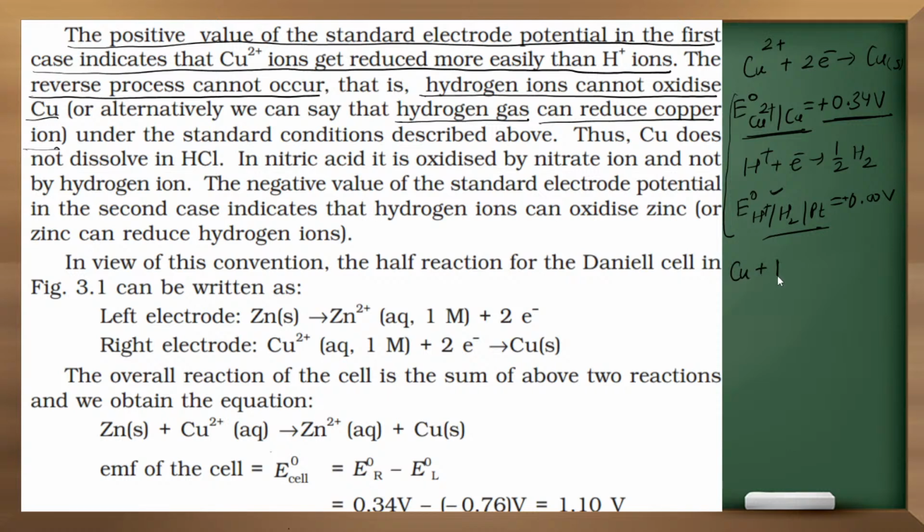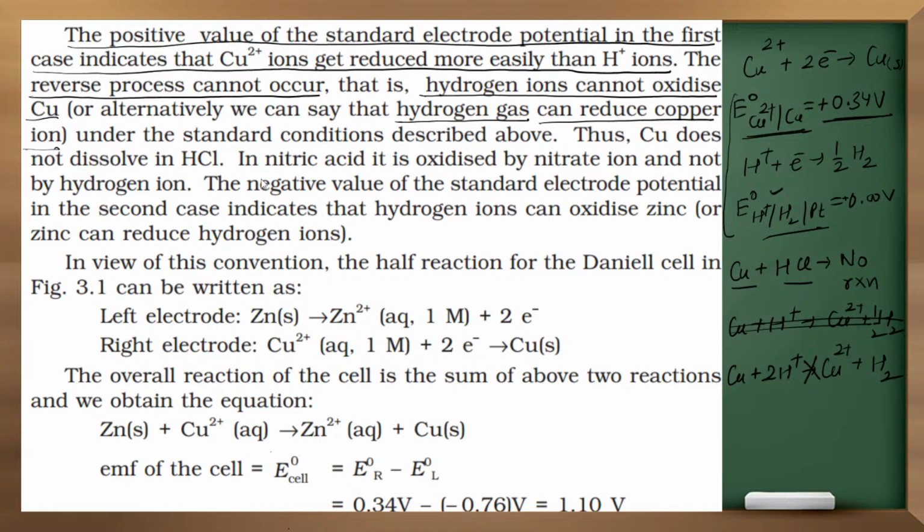This reaction cannot take place: copper plus H plus to give copper 2 plus plus half H2, or we can write copper plus 2H plus, because that is not the balanced equation. This reaction cannot take place because E naught cell for this reaction is negative.